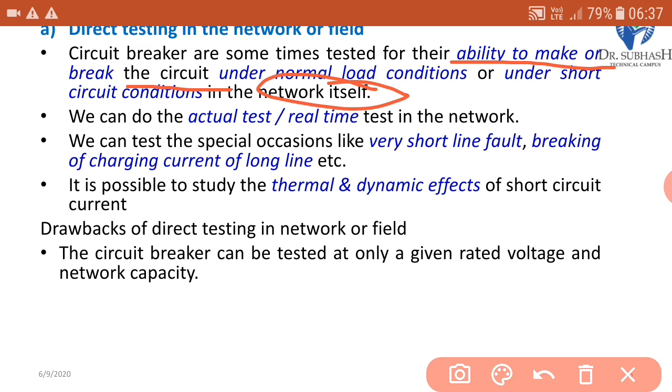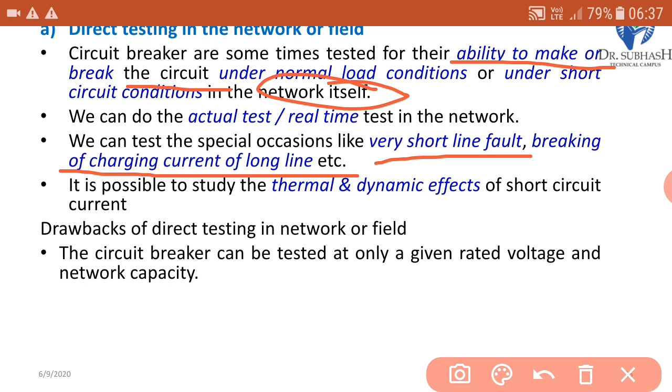We can do the actual test or real time test in the network. We can test special occasions like very short line fault, breaking of charging current of long line, etc. It is possible to study the thermal and dynamic effects of short circuit current.